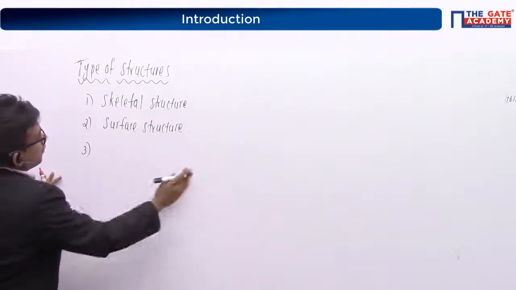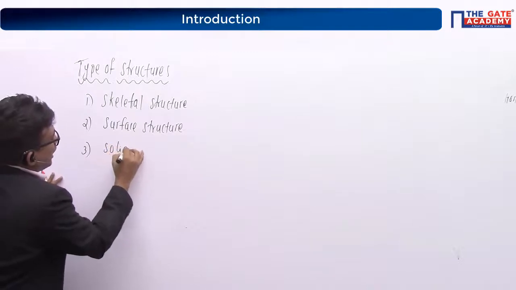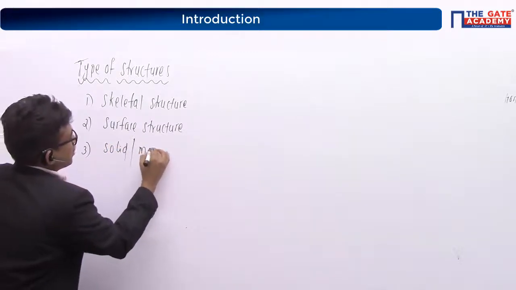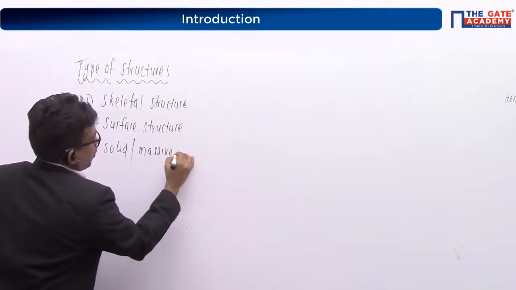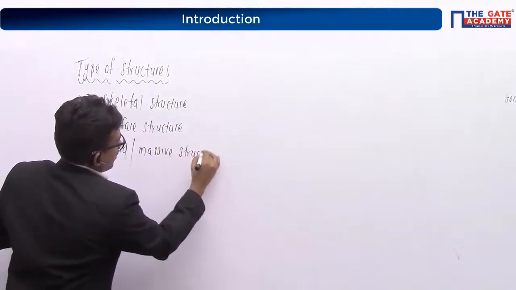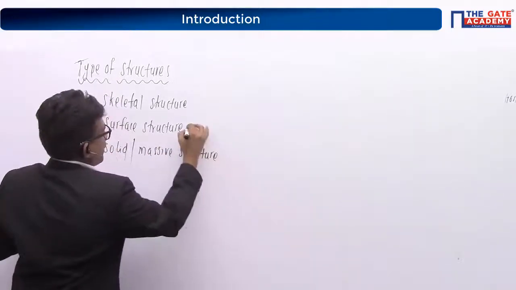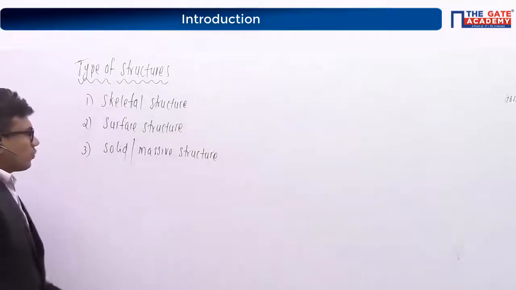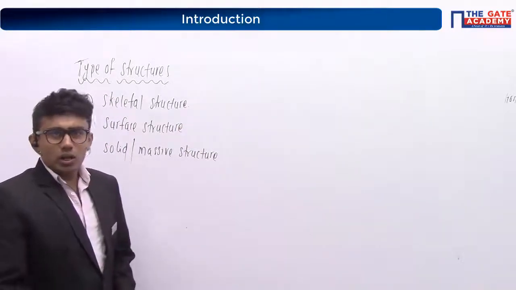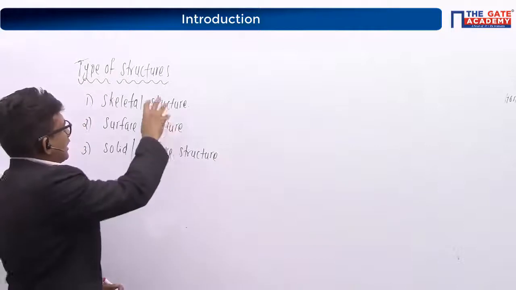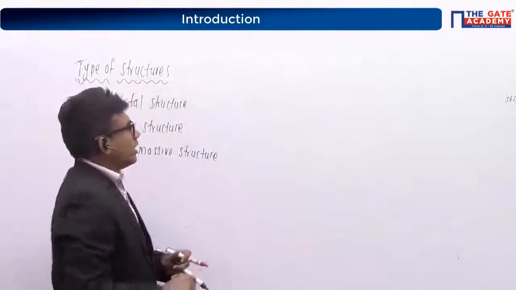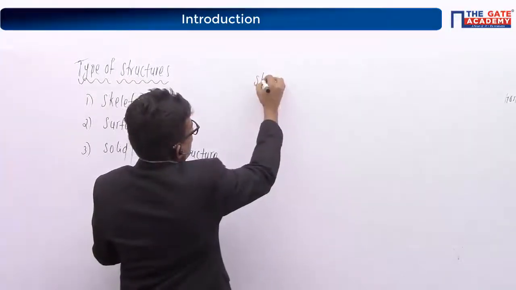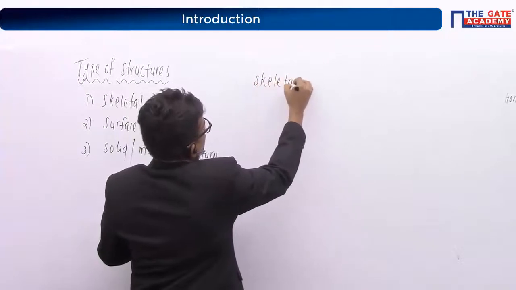Third one will be our solid or massive structure. Both are the same. Skeletal structure, surface structure, solid or massive structure. Let's discuss one by one. First I am going to take skeletal structure.